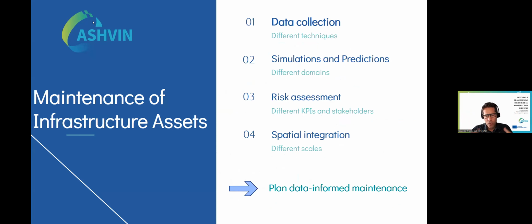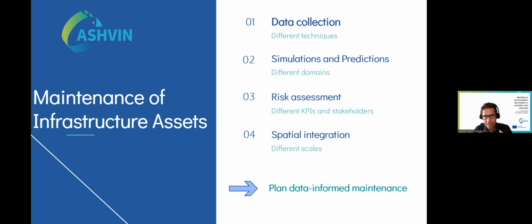And to present it systematically, I put here four steps, which are all related to data collection, different techniques, simulations and predictions, different domains, risk assessment, different KPIs and stakeholders, and also this spatial integration with the different scales we can have.